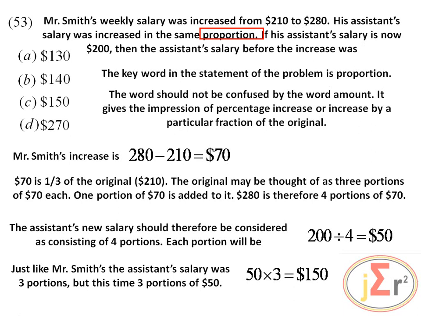So it is 3 portions first, and it was increased now by another portion to 4 portions. Therefore, the assistant's salary has 4 portions. So we divide 200 by 4 and we get 50. The original amount was 3 portions, so we multiply that by 3 and we end up with $150. And that's the correct answer. The correct answer is option C.